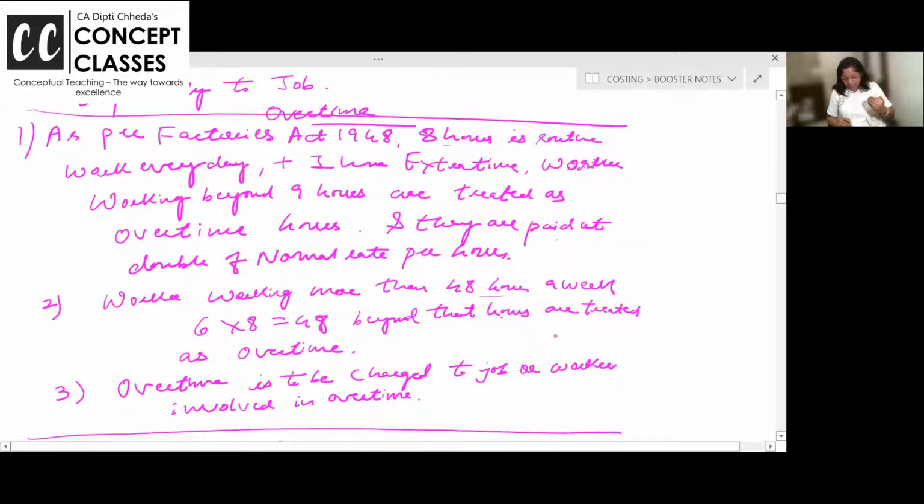Beyond 48 hours, what you work is treated as overtime. Now you get beautiful practical problems to be solved for overtime. Overtime is to be charged to that job or to that worker to whom you have paid.